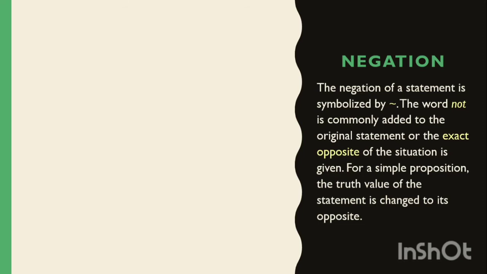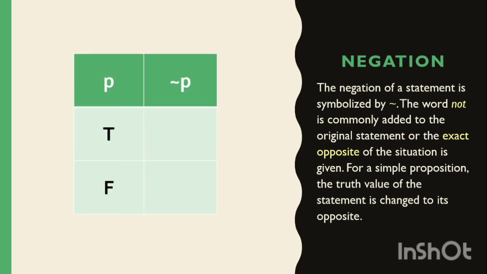To clearly illustrate this, let's have this truth table. For example, we have P. Again, we are using only a simple proposition for this one. For P, we have only two possible truth values. P could either be true or P could be false.